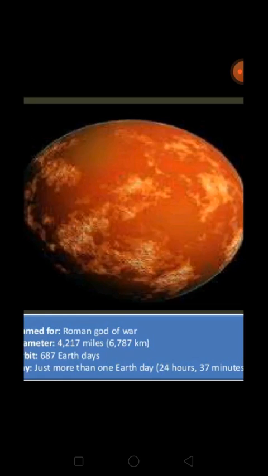The average temperature on Mars varies from minus 63 degrees centigrade to 20 degrees centigrade. So far no traces of life have been found, but we are still looking for the possibility of life on Mars, because whenever we think about life in space, Mars is the only planet which has more or less suitable conditions. So we suspect that life may be possible on Mars, and that is why we are looking forward to it.